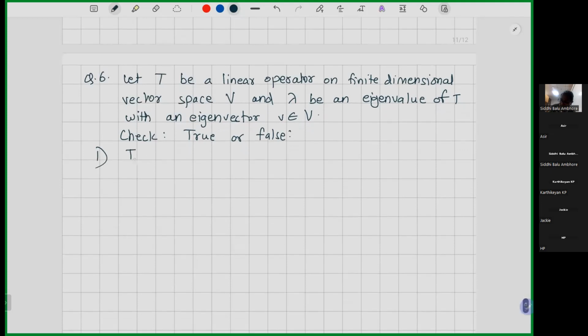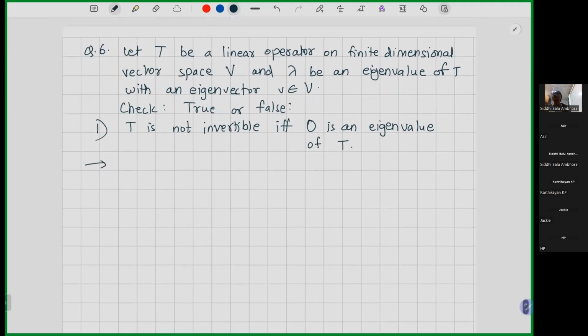First, they are saying that T is not invertible if and only if 0 is an eigenvalue of T. And this we already discussed earlier, right?